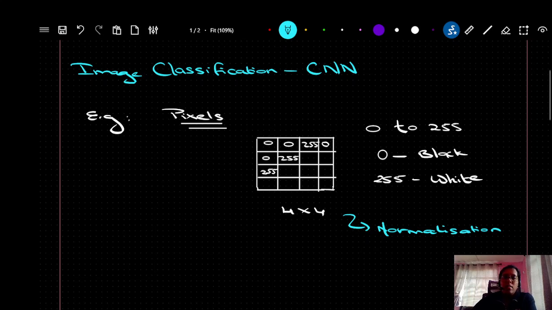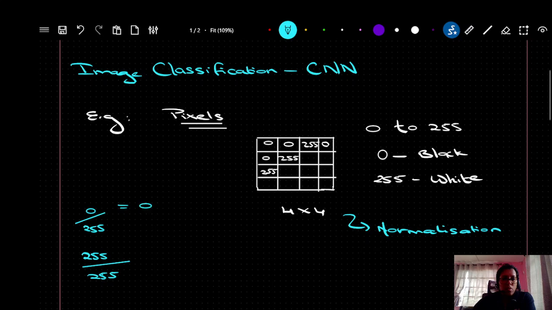And how does this happen? 0 is divided by 255, and 255 is divided by 255.